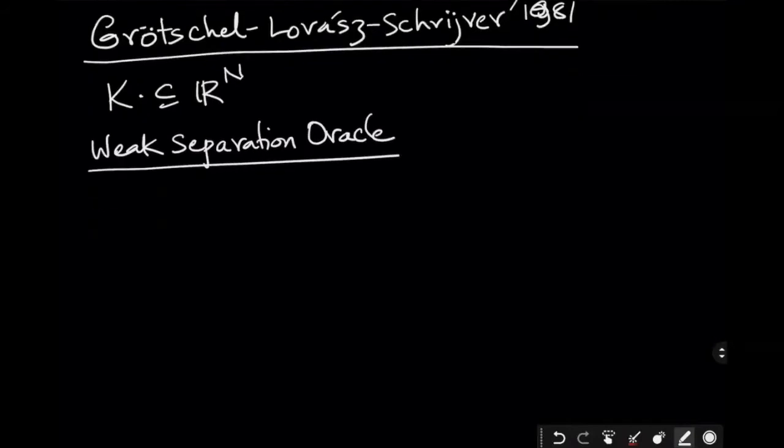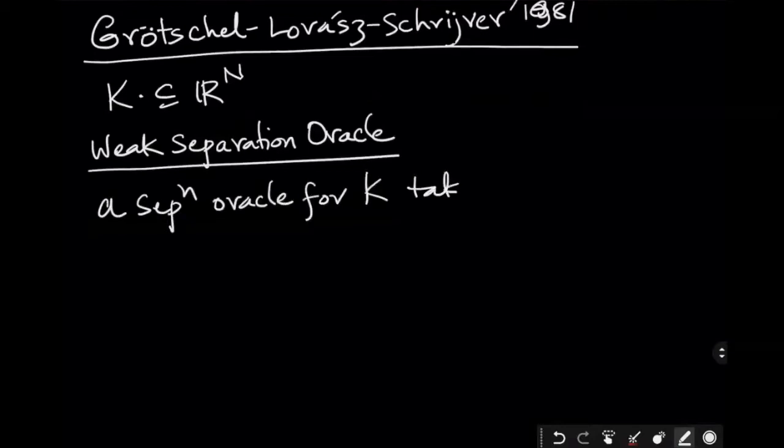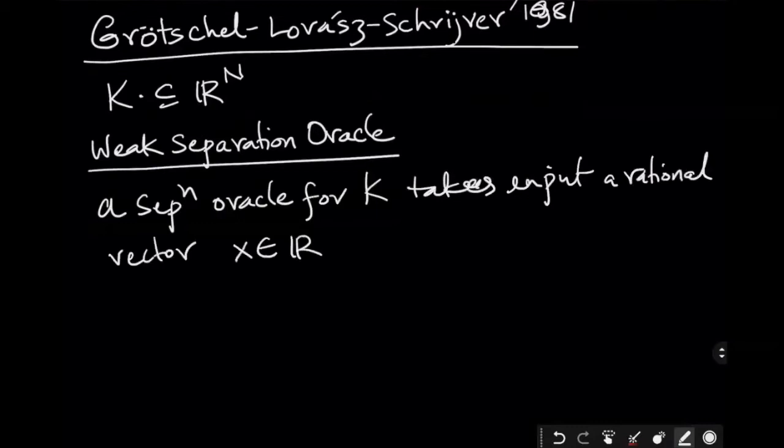Well, given this set K, a separation oracle for K takes input. So it's an algorithmic primitive. It takes as input a rational vector, let's say x, and some small parameter epsilon bigger than 0.